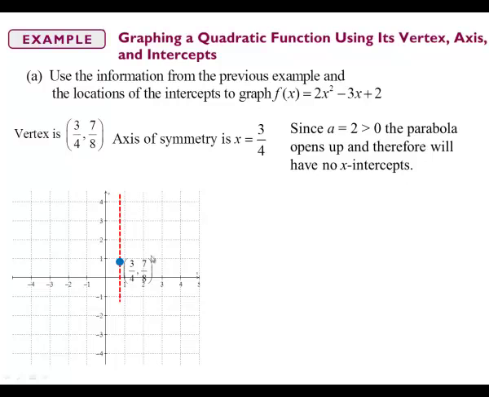Since it opens up right here, you're not going to get any x-intercepts, so you don't even have to try to find the x-intercepts from there. And we know that the y-intercept is at 0, 2. So it's going to come up at 2, and so the other way is going to be up at 2.